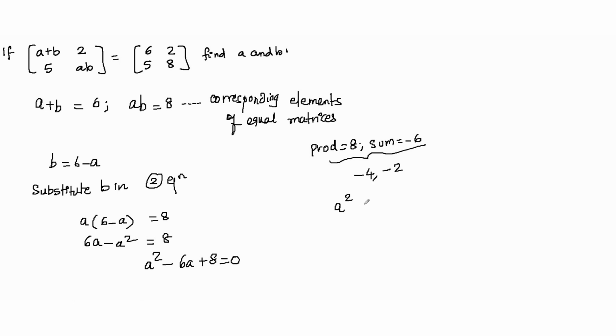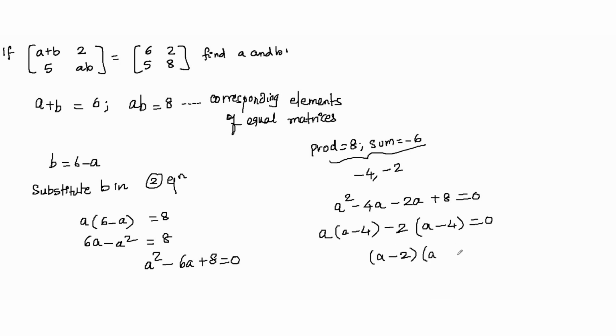So I will split it as A square minus 4A minus 2A plus 8 is equal to 0, and A minus 4 times A, and this is minus 2 times A minus 4 is equal to 0, which means A minus 2 into A minus 4 is equal to 0. And therefore I can say that the value of A is 2 or the value of A is equal to 4.